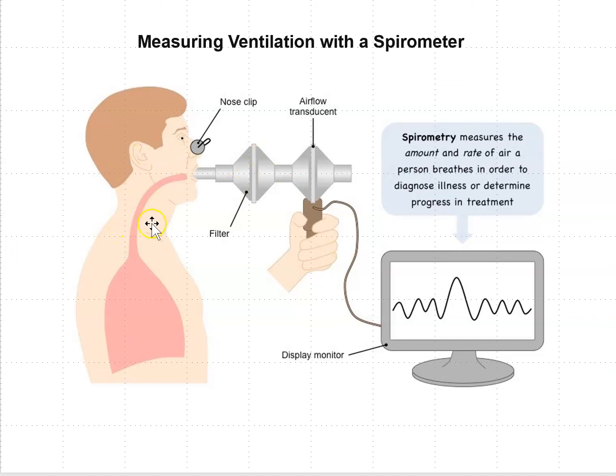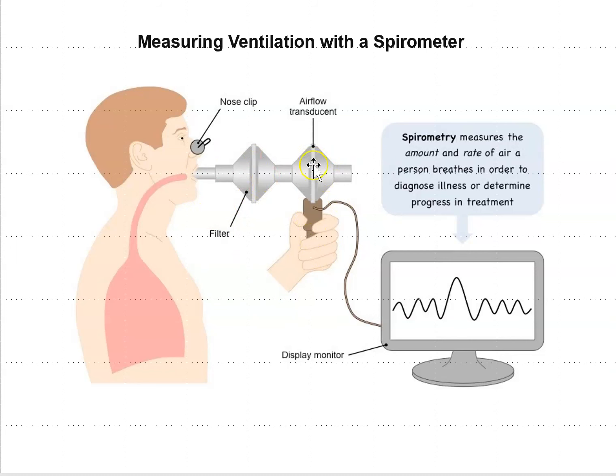A very simple model uses a balloon submerged in water, and the volume of air is determined by measuring the volume of water displaced in the container in which we submerge the balloon. So that's a very simplistic model that you can even use at home.